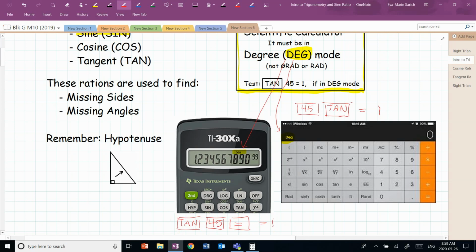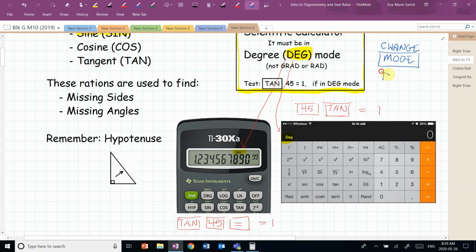Now, if you don't have that, what you need to do is change the mode, okay? And you should find a button that either says mode or degree or even rad or grad. So to change the mode, you should be looking for a button that says mode.